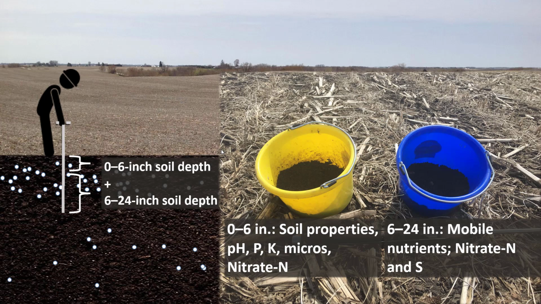So make sure when you're soil sampling, whether someone's doing it for you or you're doing it yourself, that you're sampling the right depth. Because if you go 0 to 8, you're likely going to decrease the amount of phosphorus you're finding, which is going to change your recommendation to maybe be too low.